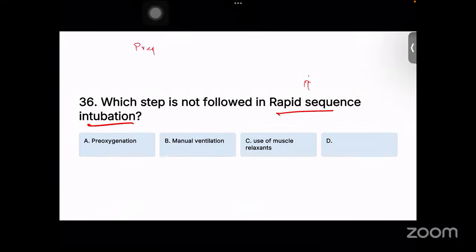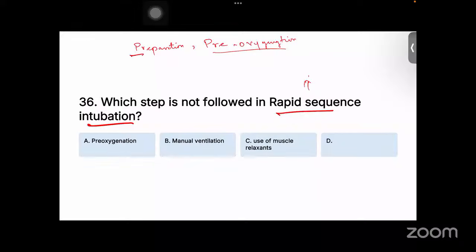You have to check the equipment, monitoring, IV access, and positioning, the sniffing position. Preparation, the first P. The second P goes for pre-oxygenation: 100% O2 for 3 to 5 minutes, and the goal is SpO2 100% with denitrogenation.